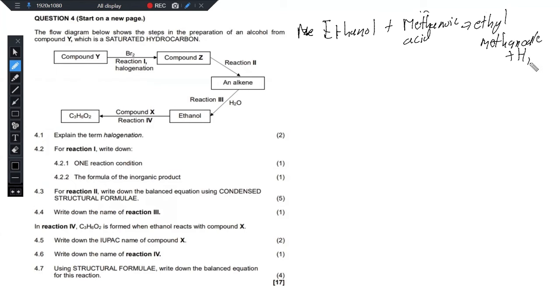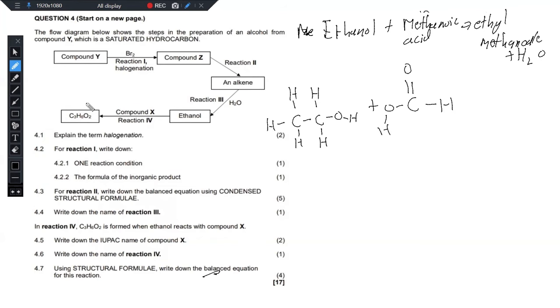But let's not forget our byproduct, H2O, because it should be balanced. Then ethanol is our alcohol. It's a primary alcohol, obviously. And then methanoic acid, only 1 carbon. And then we have OH, and then close it off with that hydrogen.